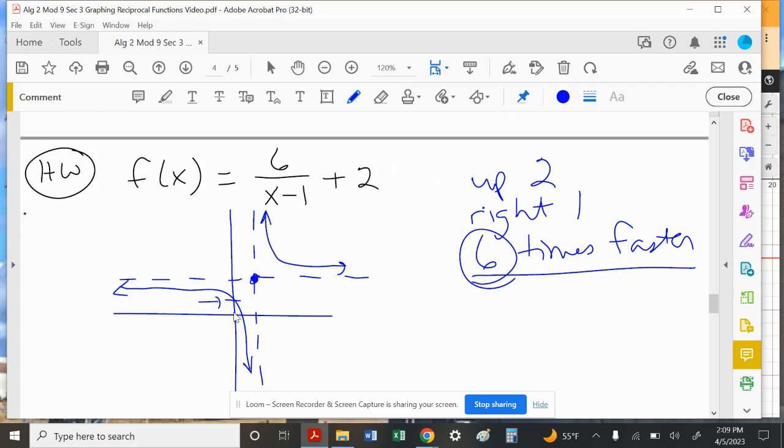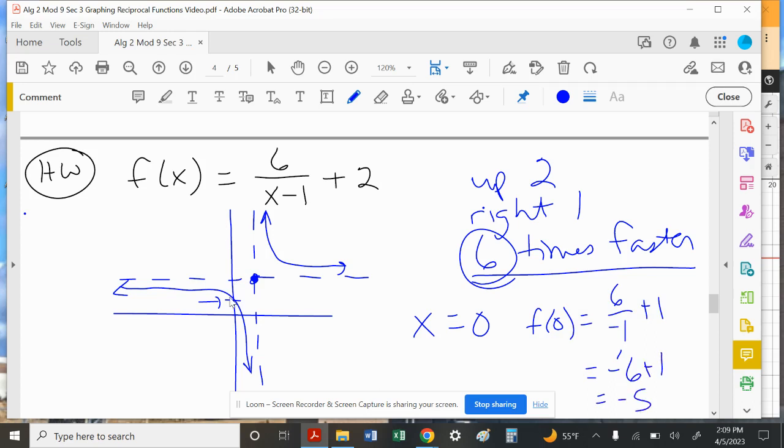Now, we can figure it out because notice here, x is equal to 0. If I make x equal to 0 here, we can get a general idea of what's happening with this function. So when x is equal to 0, f of 0 is 6 over negative 1 plus 2, which is negative 6 plus 1, which is negative 5.